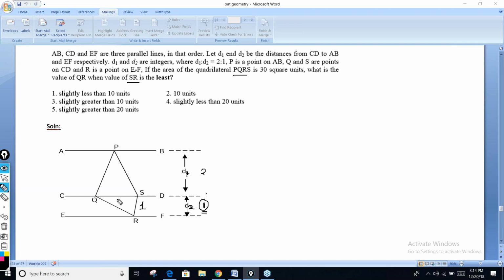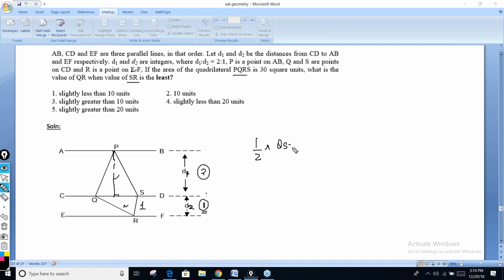What is the area? Area of this quadrilateral is the area of this triangle and the area of this triangle. So if I take base as QS, height I can take as 2, and here I can take height as 1. That is the height D2, the distance, and that is D1, given as 1. So what is the area of this quadrilateral?